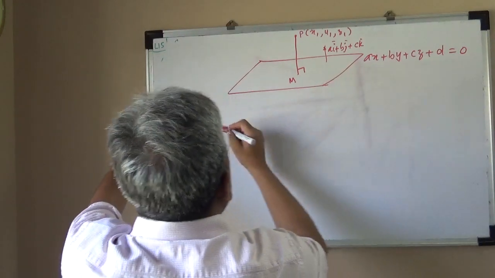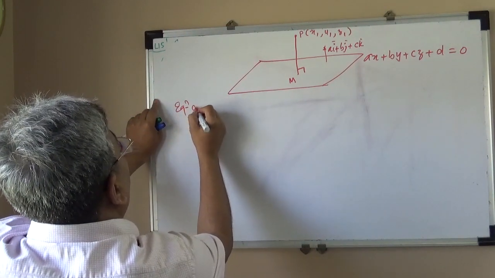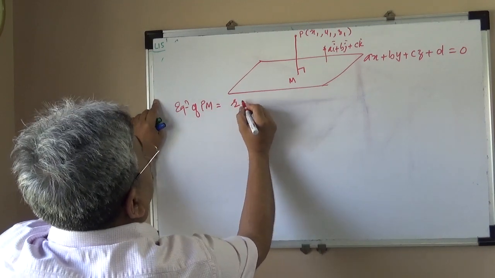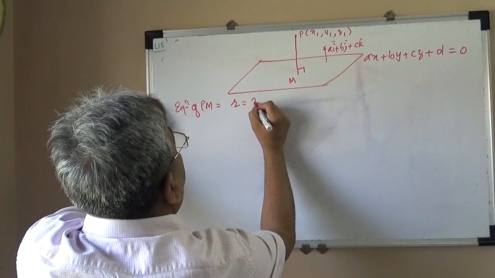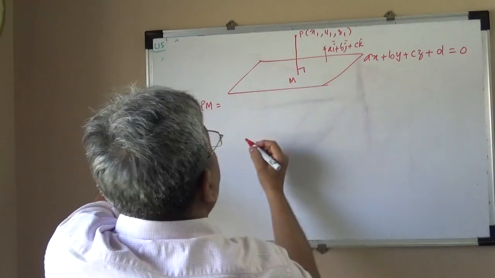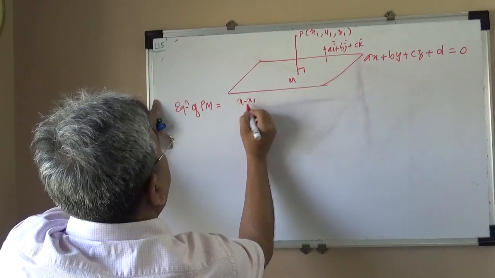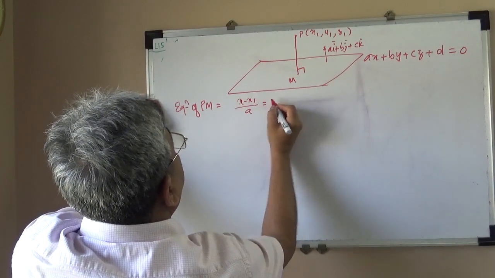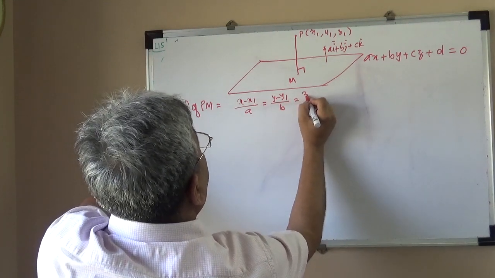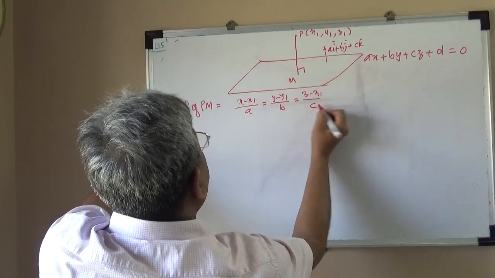Therefore, let us write down the equation of line PM: (x minus x1) upon A equals (y minus y1) upon B equals (z minus z1) upon C.